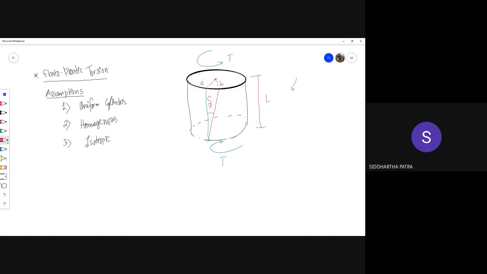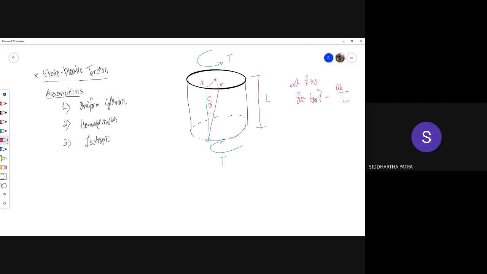So limit gamma tends to 0, gamma is approximately equal to tan gamma, which would be the arc length AB divided by L. So you are supposed to take this arc length, this curved length.